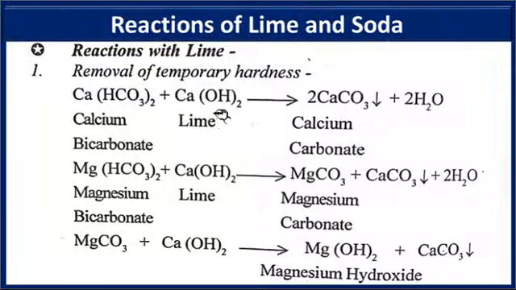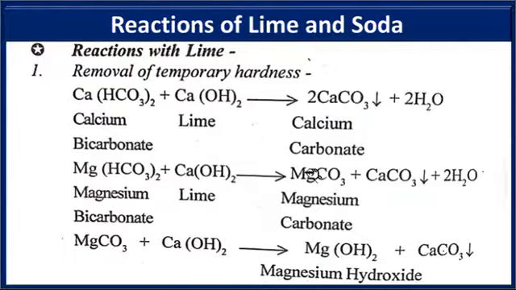So when we add lime to the hard water which contains temporary hardness, that means which contains calcium or magnesium bicarbonate, the lime reacts with the bicarbonates of calcium and magnesium and converts them into the insoluble form of their respective salts.